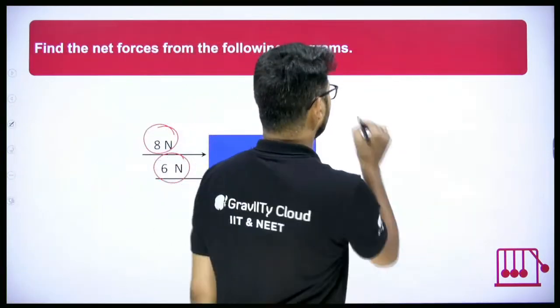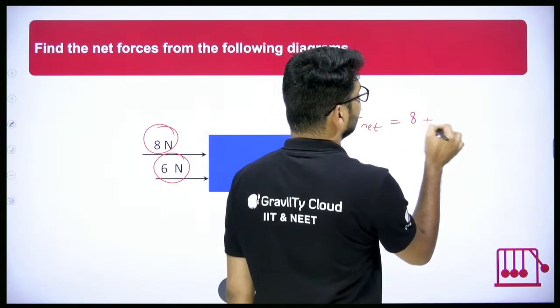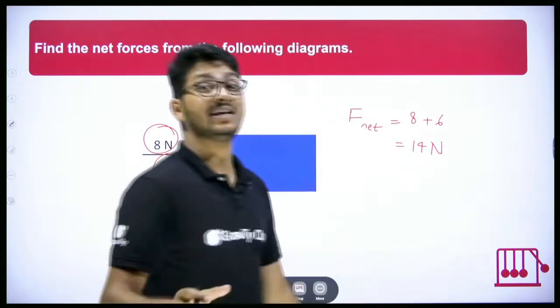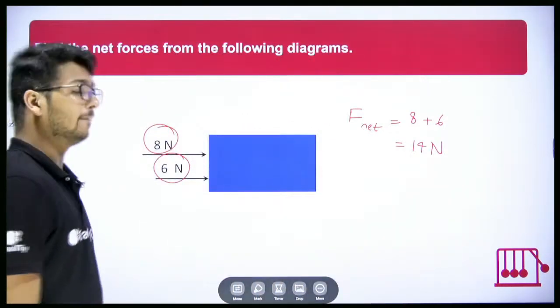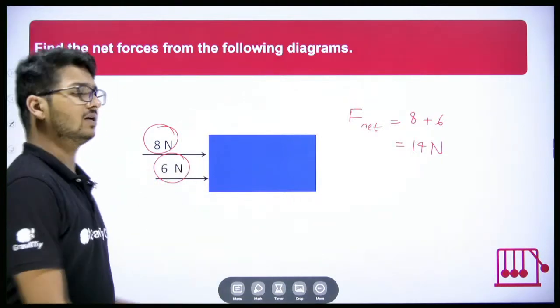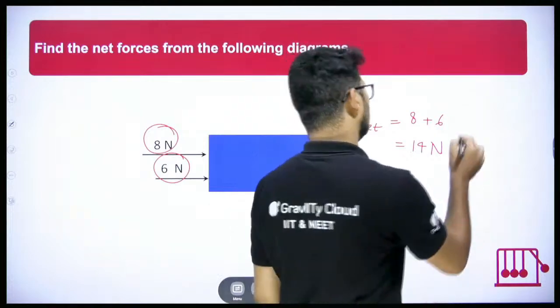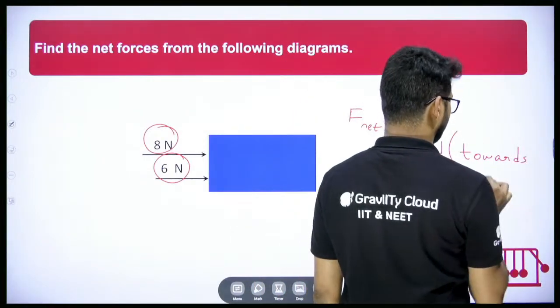Same direction. So if they are in same direction, you add them, it is 8 plus 6. So it is going to be 14 Newton. And which direction? Both of them are towards right. So the final force will push towards right. So 14 Newton towards right.